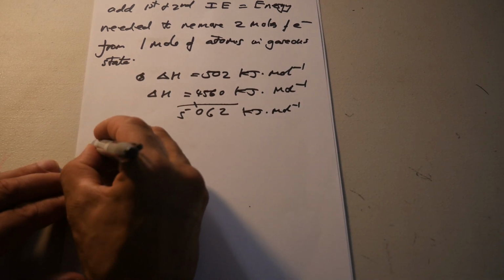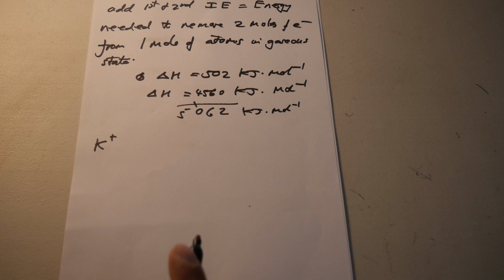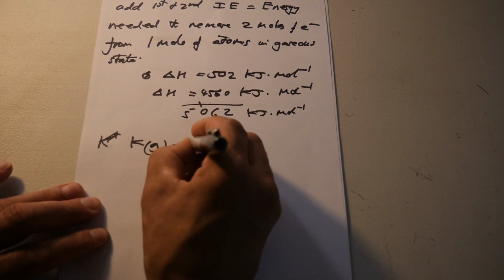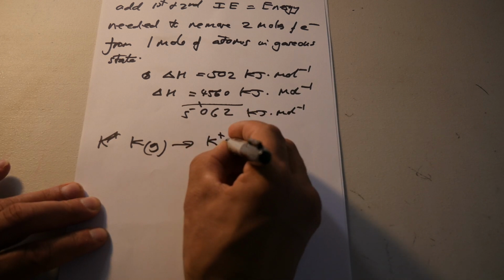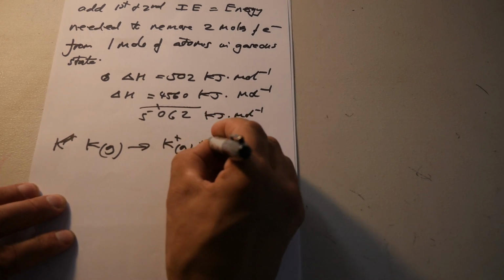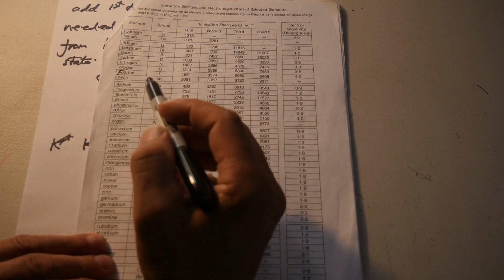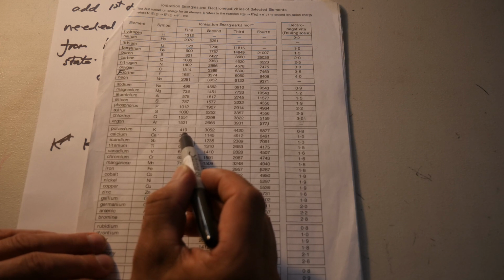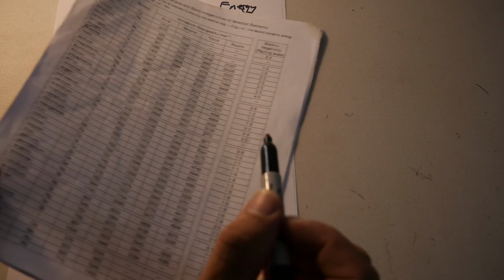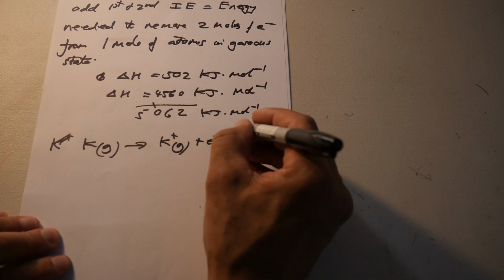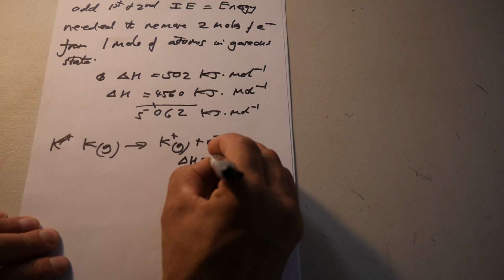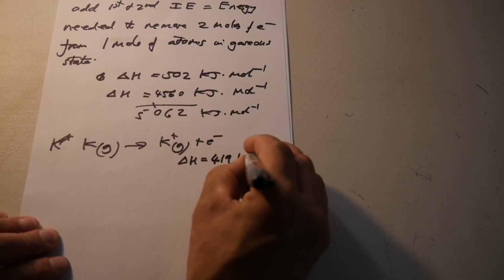Another example of ionization energy is potassium. Potassium has a first ionization energy of 419 kilojoules per mole, and you write that as an enthalpy change.